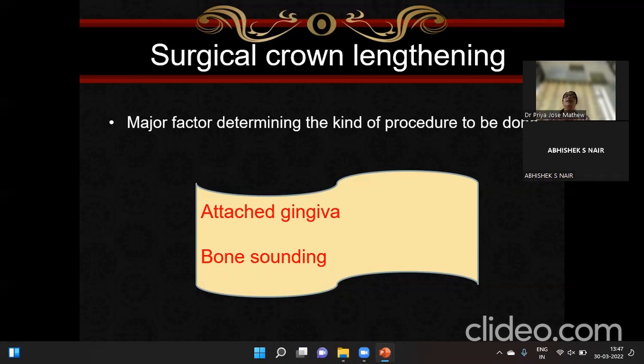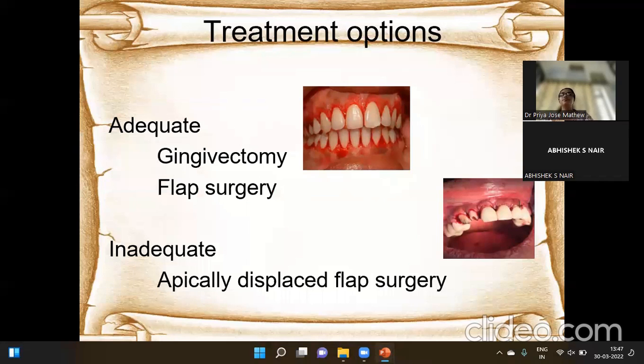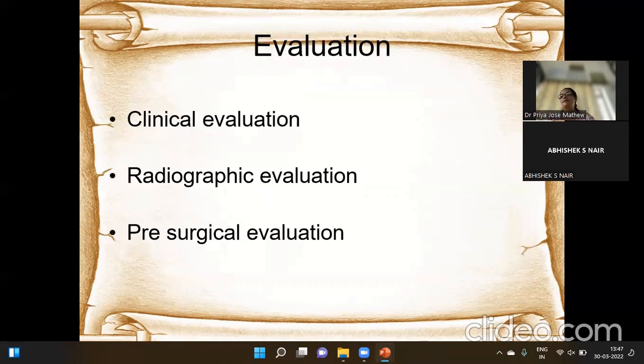That is mainly the attached gingiva and the bone sounding, that is, at what level the bone is present. Depending upon those factors, we can decide whether we can go for a gingivectomy or a flap surgery. If the attached gingiva is inadequate, we cannot go for a gingivectomy. In these cases, we have to do a flap surgery, and a more apically displaced flap is much preferred.